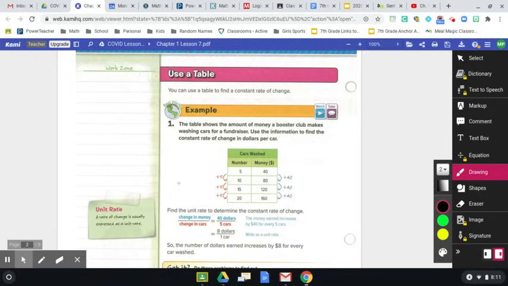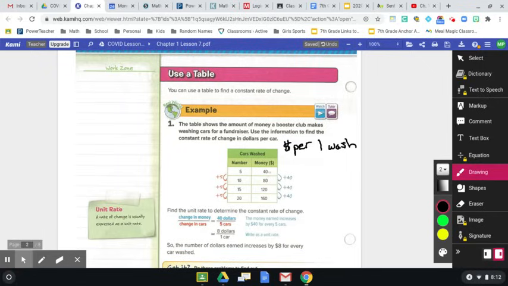So you're trying to find out how much money per one wash. That's what you're looking for. You're trying to see if there's a pattern, that unit rate, that constant rate, traveling through the table, if it has the same pattern through the table.